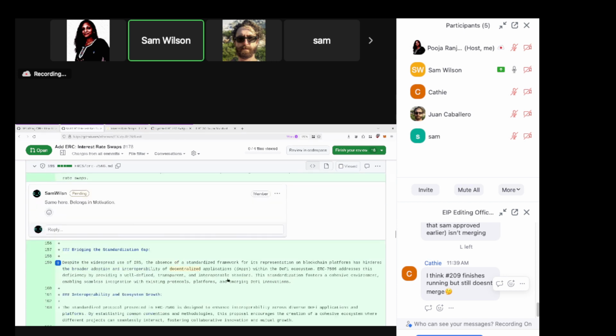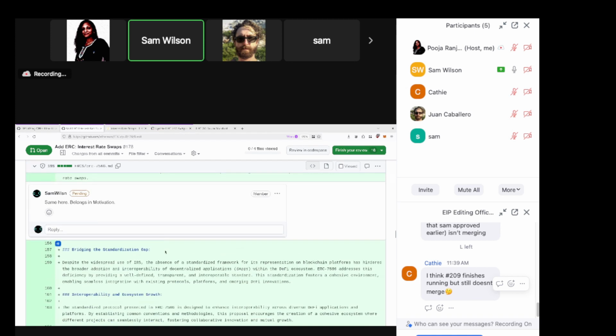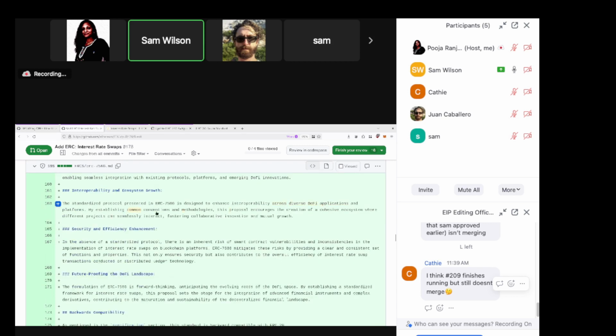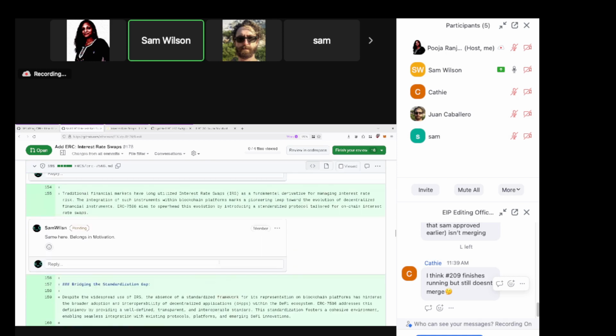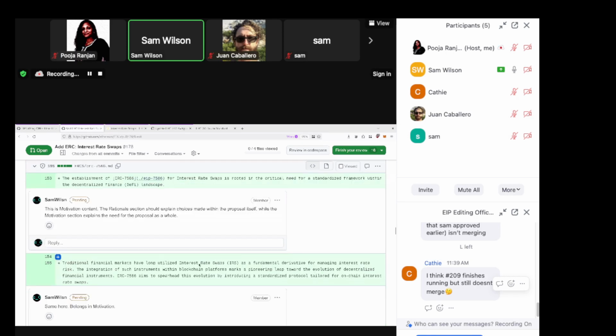Despite the widespread use of IRS, the absence of... designed to enhance operability. I think all of your rationale is more suited to motivation. So the rationale should be something else.